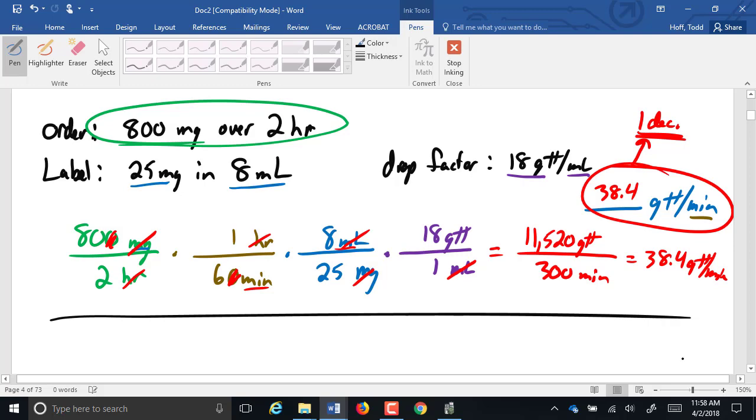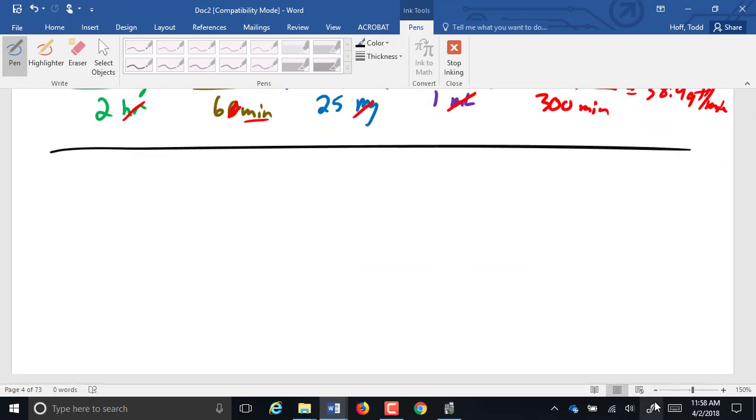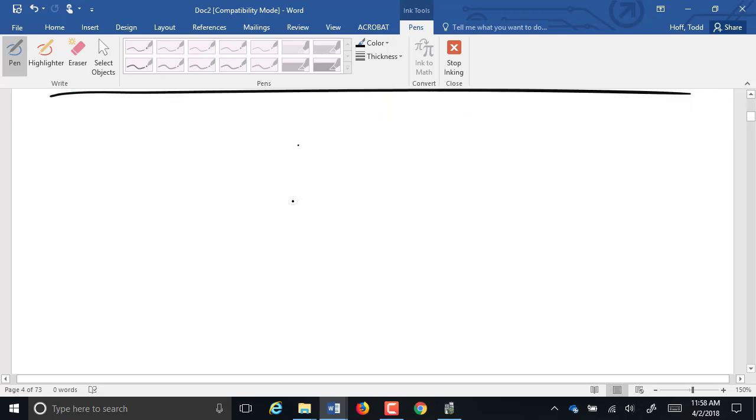We move on then to dosages by weight. Remember, we might have a range. So let's say that we have a label that says 18 to 20 milligrams per kilogram every 8 hours.